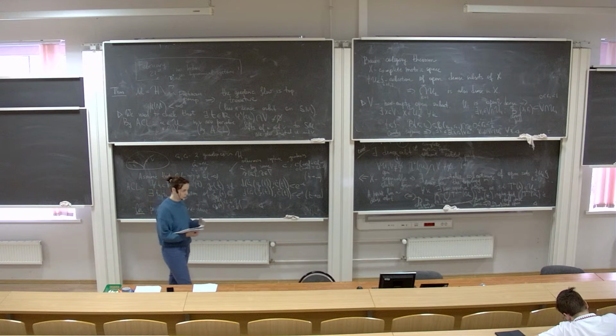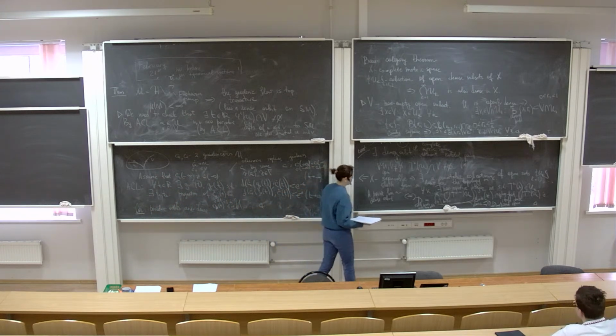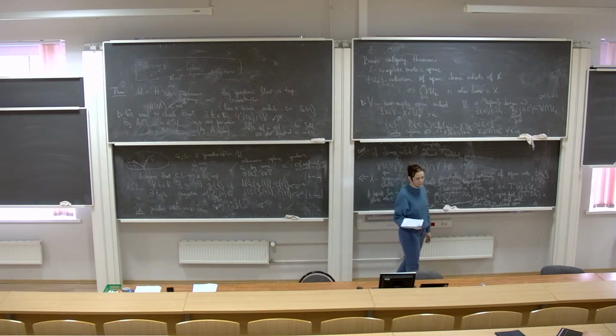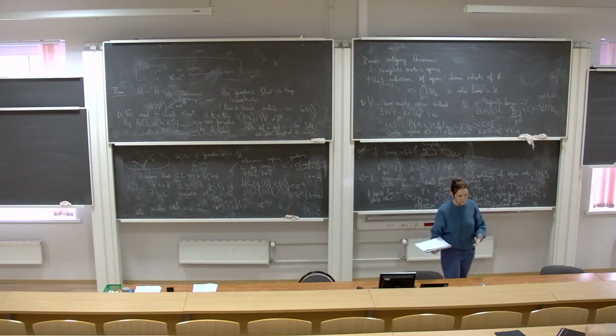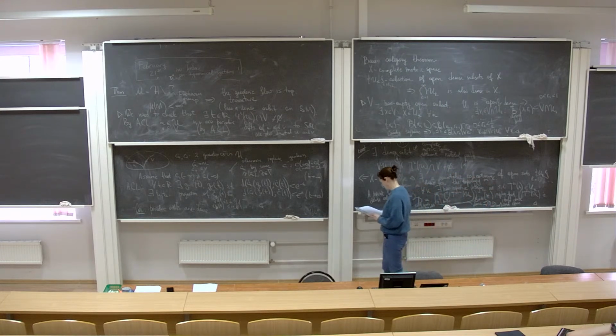We used the closing lemma to build the periodic points, and then we checked that these periodic points are those that are dense, right? So we checked the density of the periodic points.